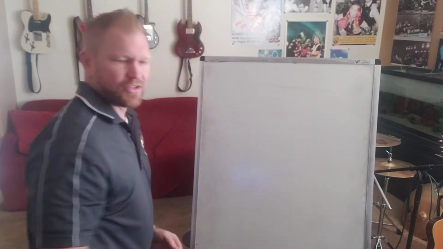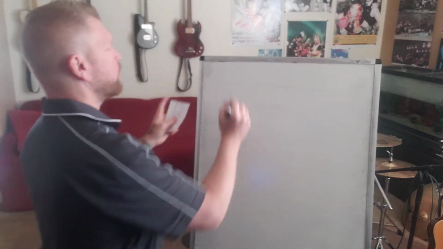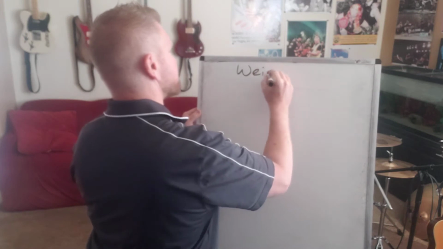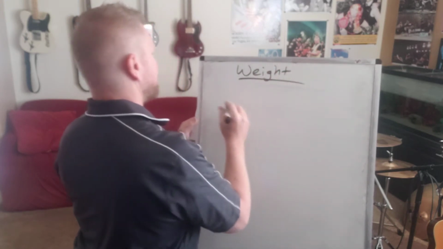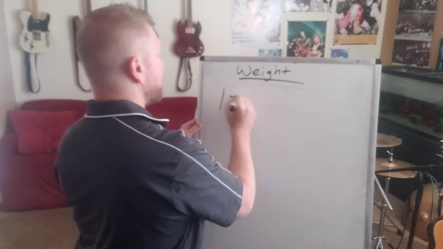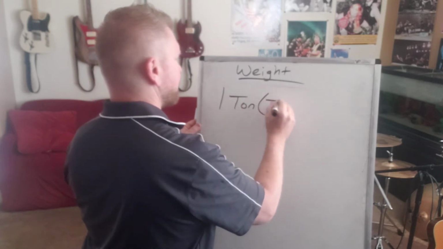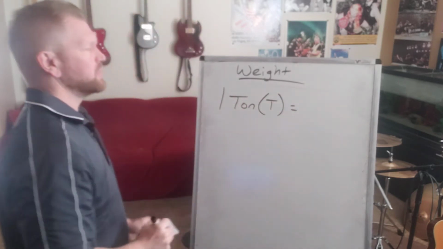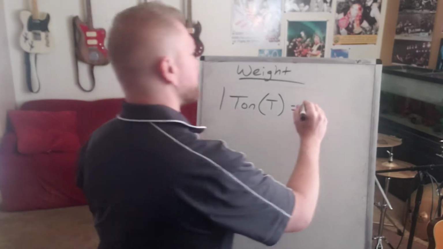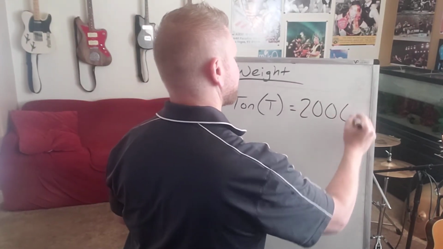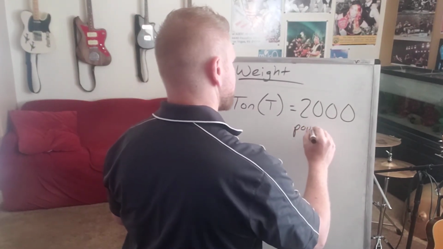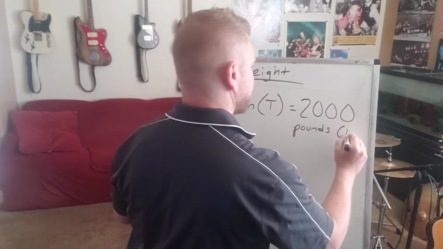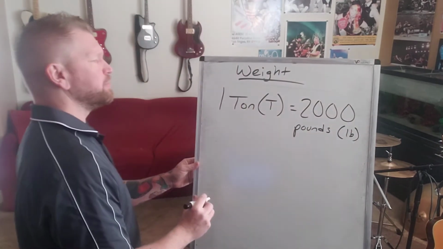All right, let's do units of weight. Okay, so if you've got 1 ton, abbreviation is just the letter T, that is equal to 2,000 pounds. Pounds is abbreviated LB.